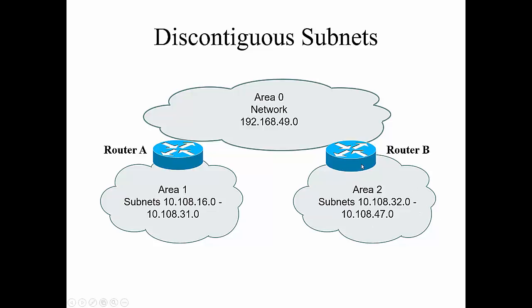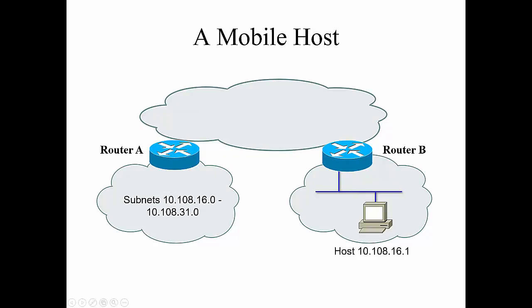That's how come the router will learn the addresses, and it will forward the route based off the appropriate decision through the network. Mobile host, same thing. It will go through the internet, and that's what we'll have.